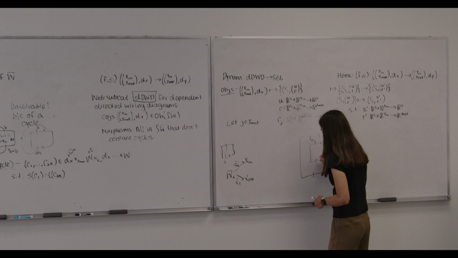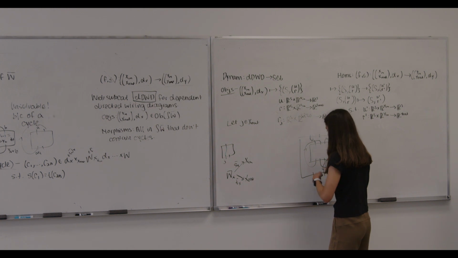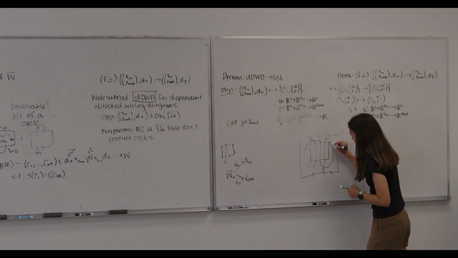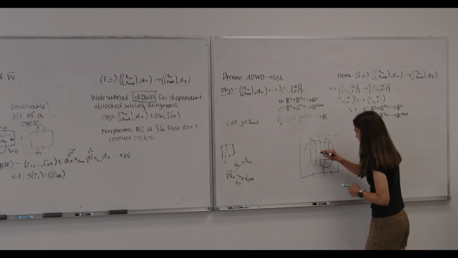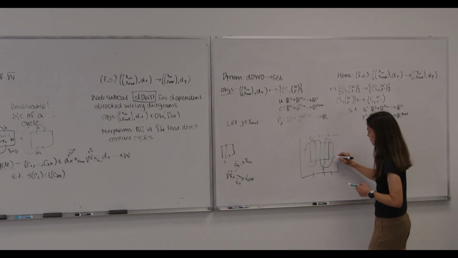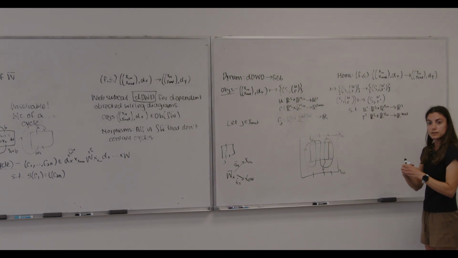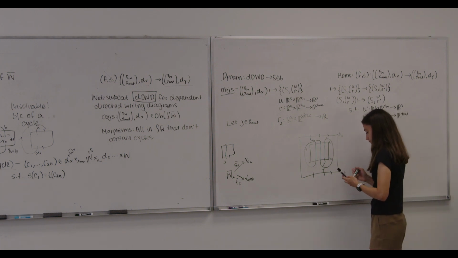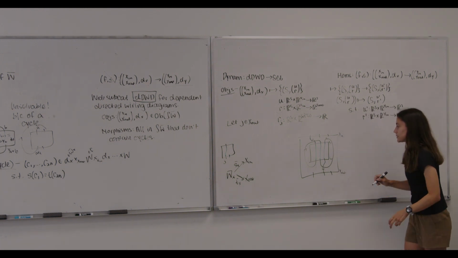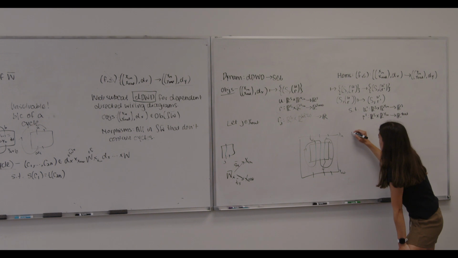So consider this morphism F, where this is a dependency on X_in, X_out, and this is on Y_in, Y_out. And so now what we want to do is look at the update.